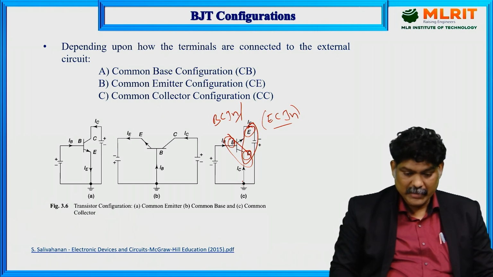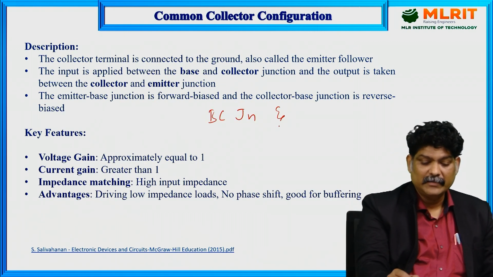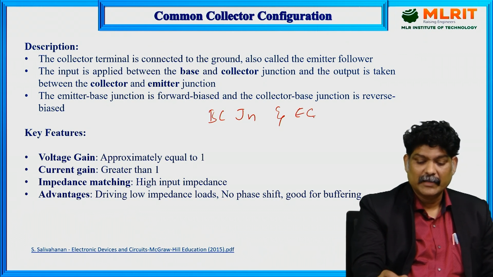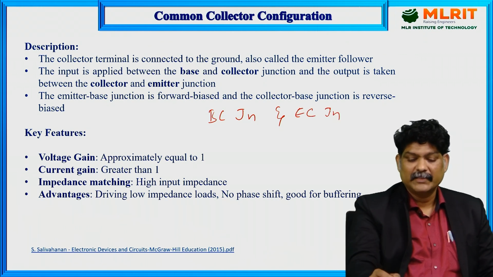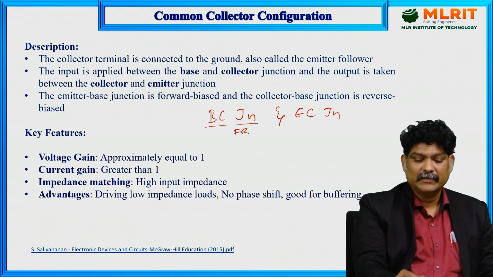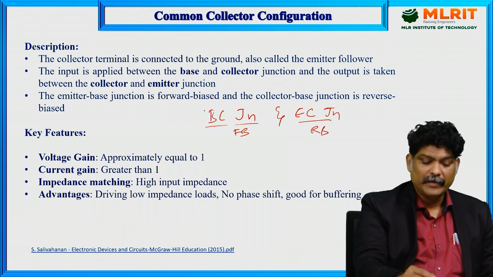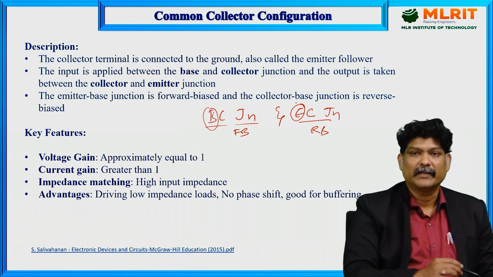So the input junction is the base collector junction, BC, and the output junction is emitter collector, EC. One junction will be forward biased and the other reverse biased. That means the input terminal is the base terminal and the output terminal is the emitter terminal.